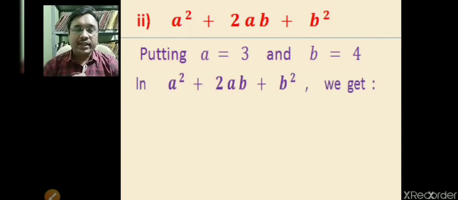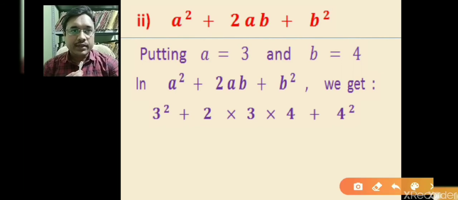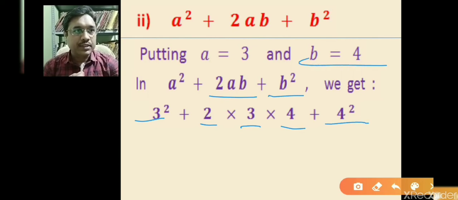So in the expression a square plus 2ab plus b square, a square means here we will write 3 square, and then for the middle term 2ab, a is 3 and b is 4, so 2 into 3 into 4, and the third term is b square, that means it is 4 square because b is 4.